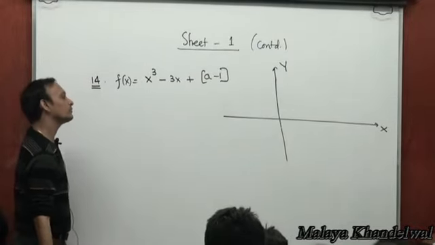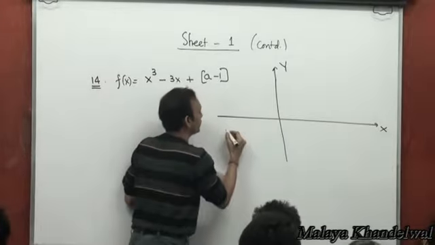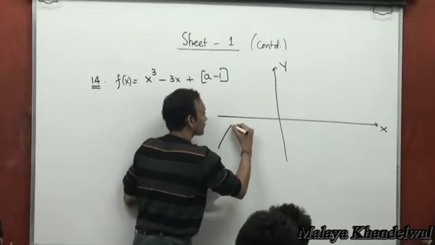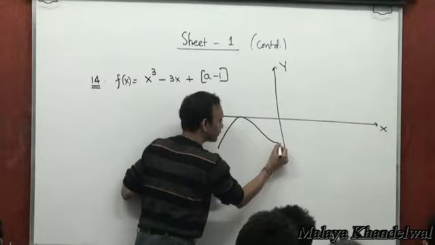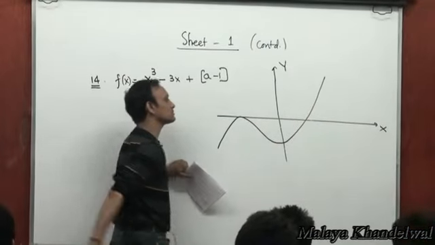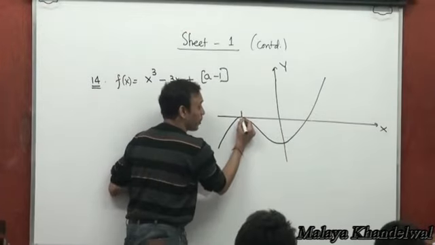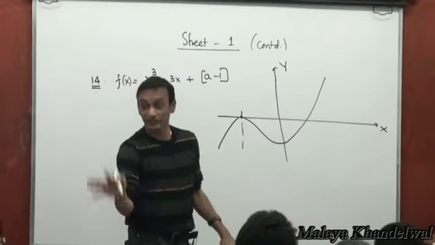Now for a cubic to have all three roots real with two roots equal, we must have the following. Either like this, in which case it vanishes at one of the stationary points.